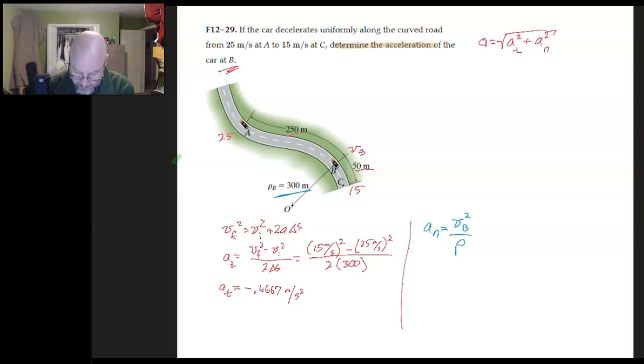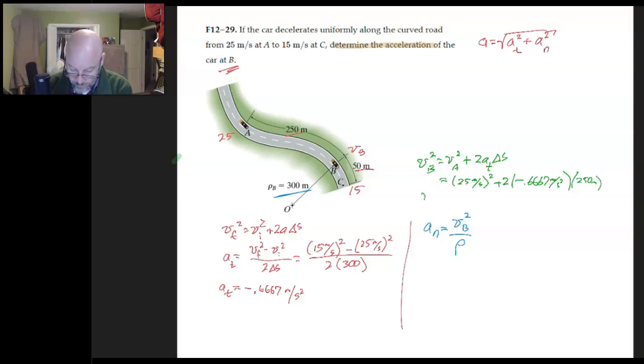So we can say v_B squared is v at A squared plus 2 a_t delta s. If we put in our numbers there, we've got 25 meters per second quantity squared plus 2 times negative 0.6667 meters per second squared, and our delta s is 250.